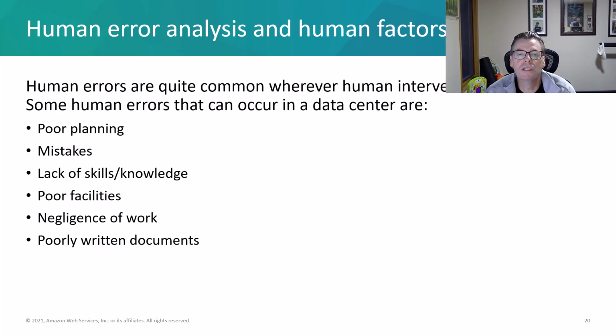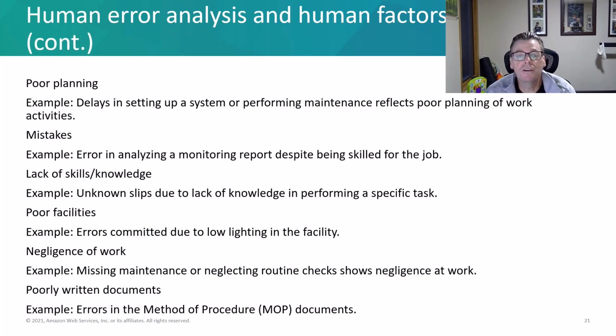All right, human error, still number one in everyone's heart. Human errors happen quite a lot, especially whenever the human has to interact with the equipment. Again, they're talking about poor planning mistakes, lack of skills and knowledge, poor facilities, negligence, poorly written documentation. All of these things can lead to human error, and then eventually human error can lead to a failure.